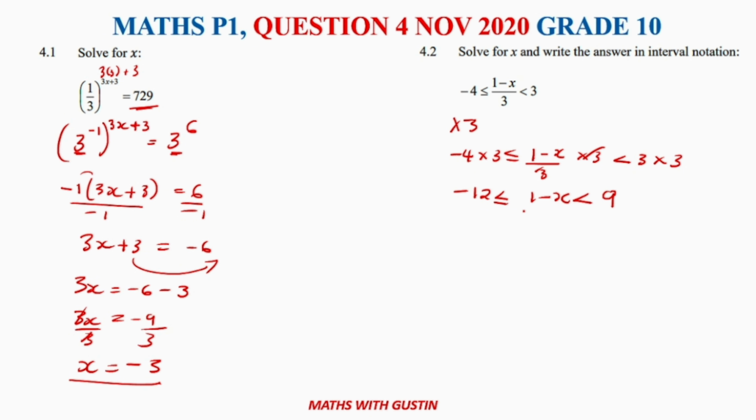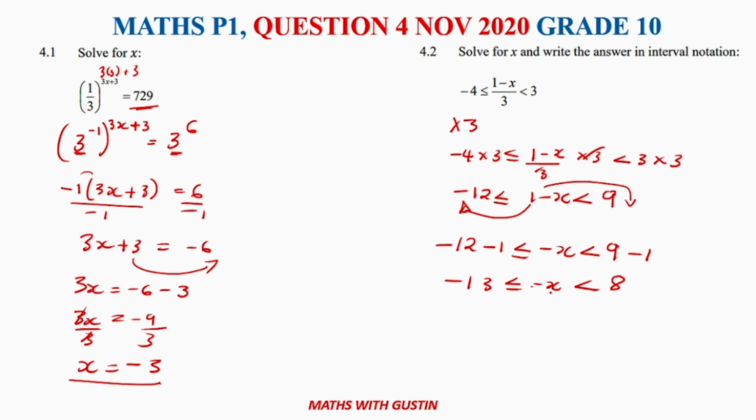Here we're going to take negative 1 to that side. Also take negative 1 that side. What you do on the left is what you do on the right. Negative 12 minus 1, therefore here we go, negative x. 9 minus 1 as well. You're going to have minus 13. Here we go, negative x is less than minus 8 as well. But we're not looking for negative x.